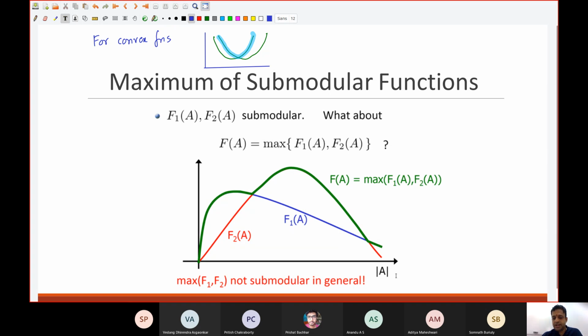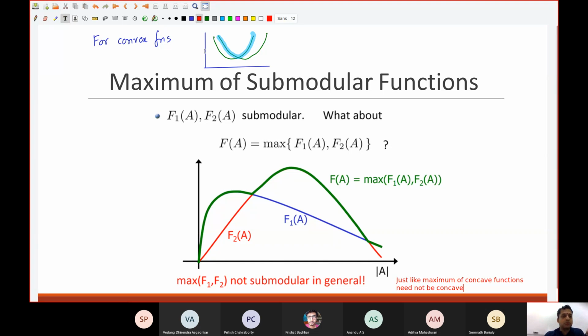So I would say in fact, just like the maximum of concave functions need not be concave. In general, of course, if it's a linear function, it's concave. The other way also holds: the minimum of convex functions.